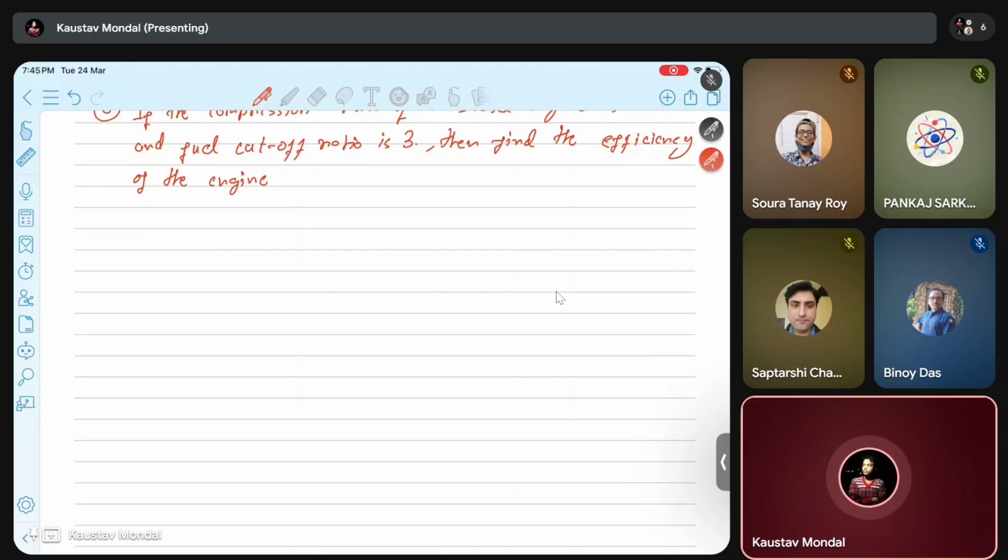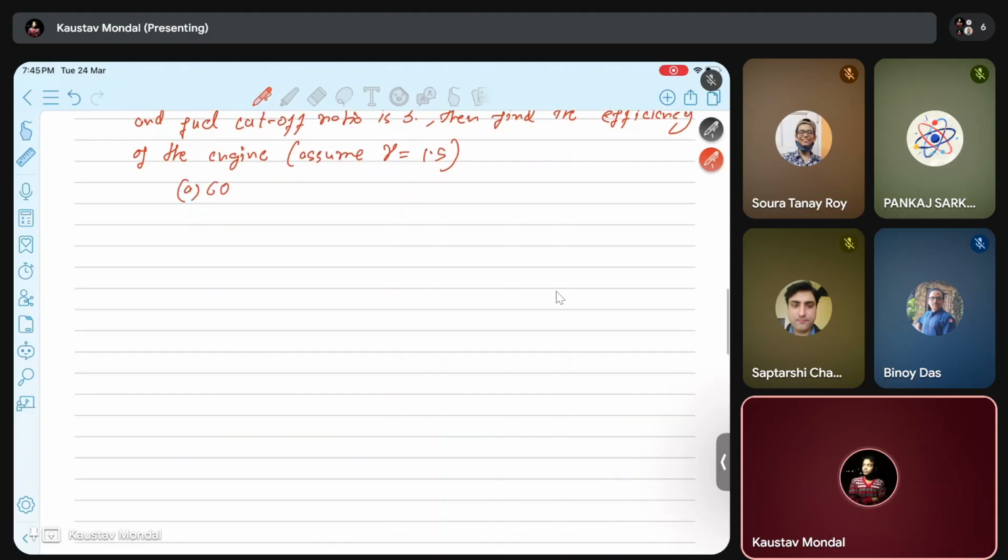Assume gamma as 1.5. Okay. The options are A 60%, option B is 72%, option C is 64%, option D is 56%.